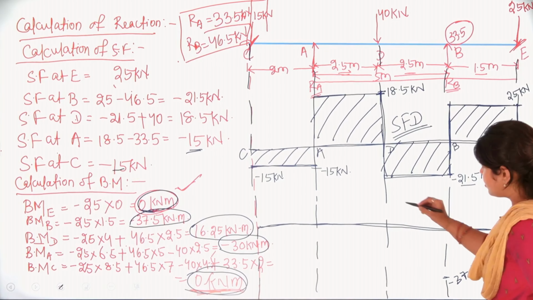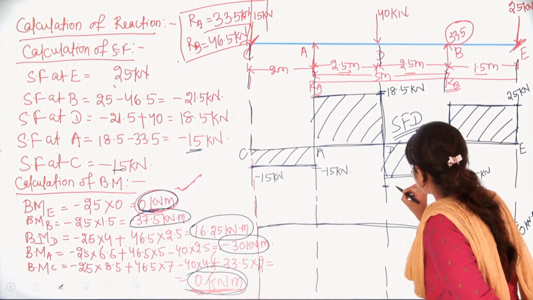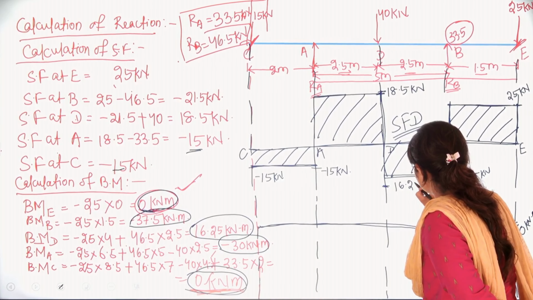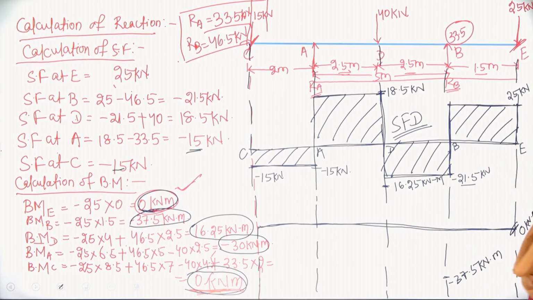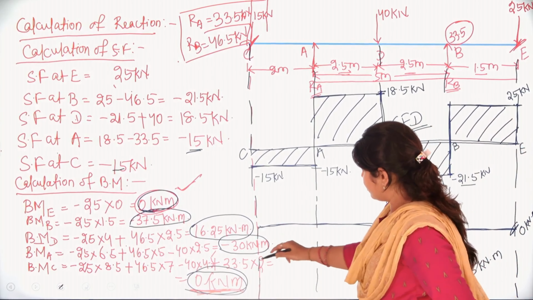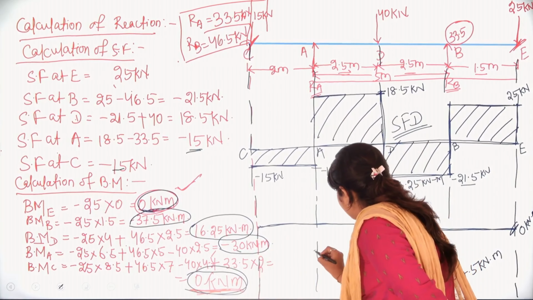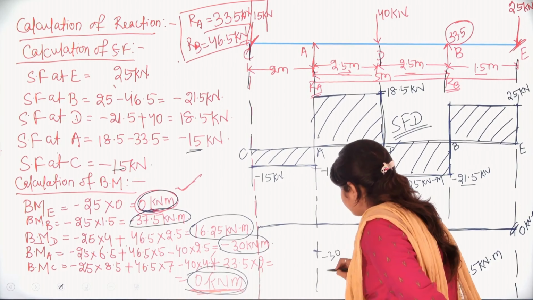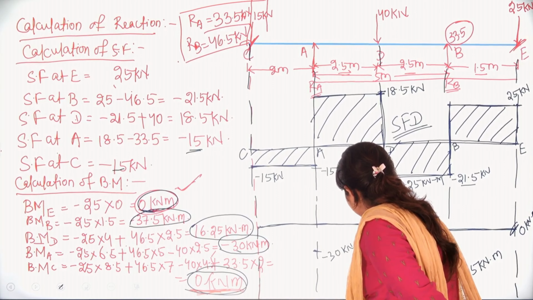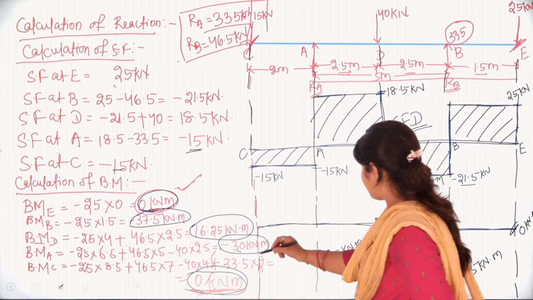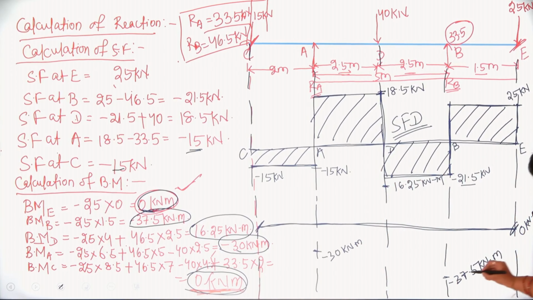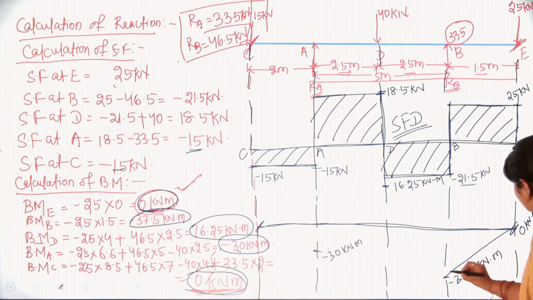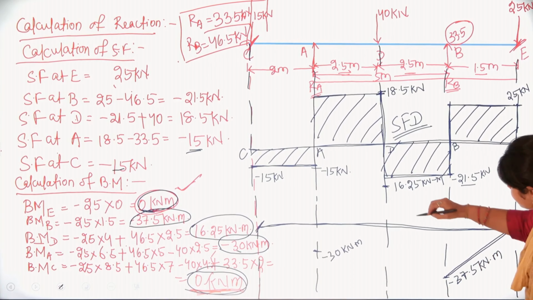Then this will be 16.25 kilonewton meter. Then minus 30, again minus 30 kilonewton meter, and last is your 0. So this will look exactly in this way.